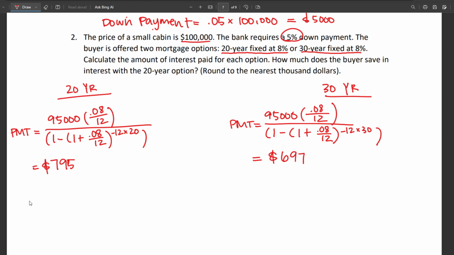We need to figure out the total amount of money that we've paid and then how much interest that we end up paying. So our total payments, we take $795 times 12 months in a year for 20 years. The next one is $697 times 12, but this is for 30 years.